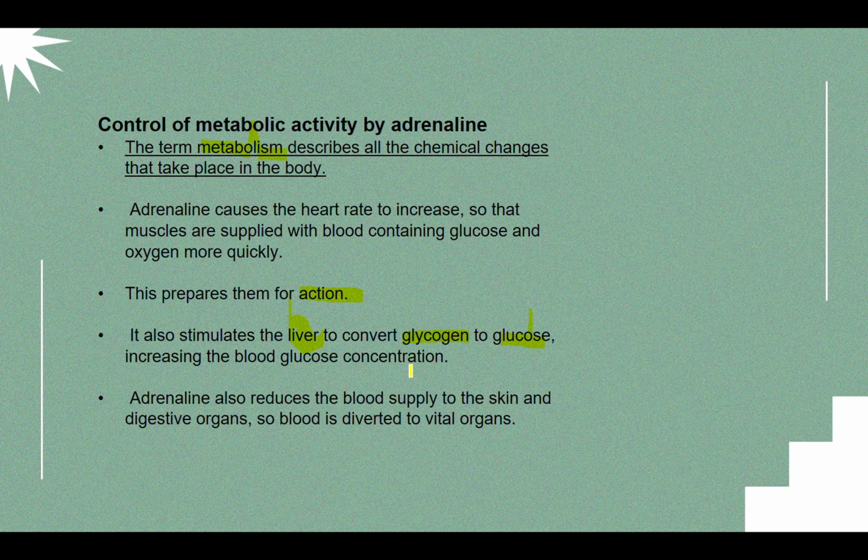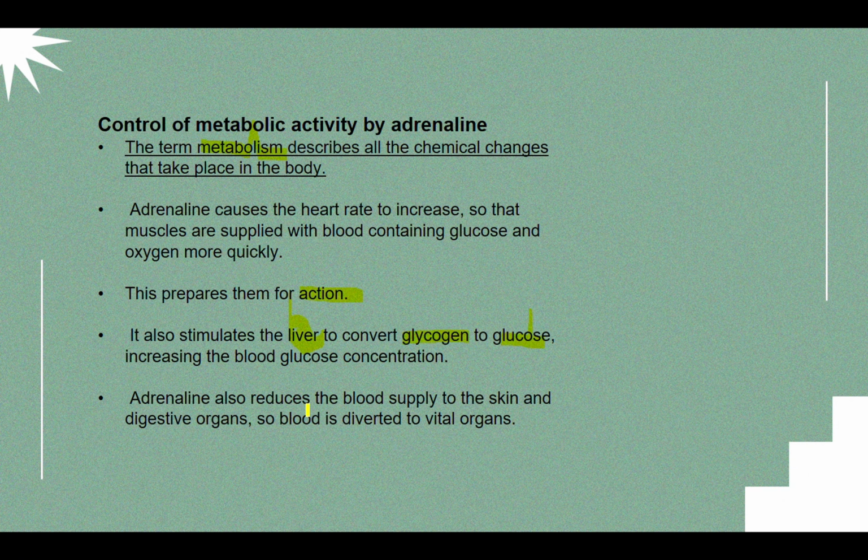Glycogen is an insoluble type of polysaccharide. Glucose is a simple carbohydrate that is soluble, that can be transported and used throughout your body, but glycogen cannot be used and is just for storage. It increases the blood glucose concentration when it is converted into a soluble state.